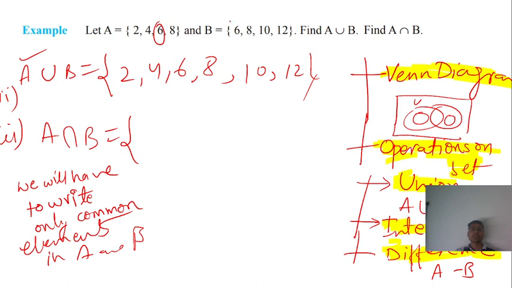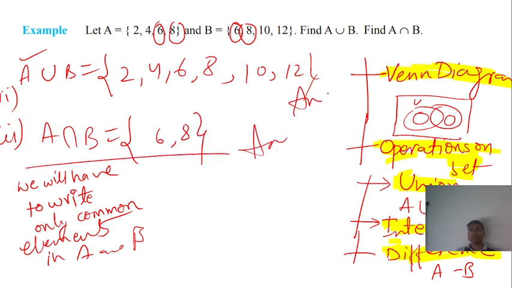You will find 6 is in both sets, 8 is in both sets. So you just write 6 and 8. You close the bracket, and here you get the 2 answers of this question.